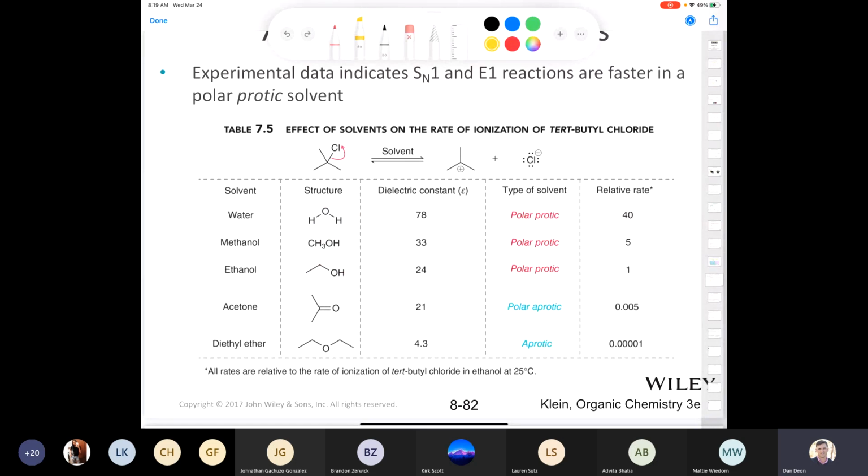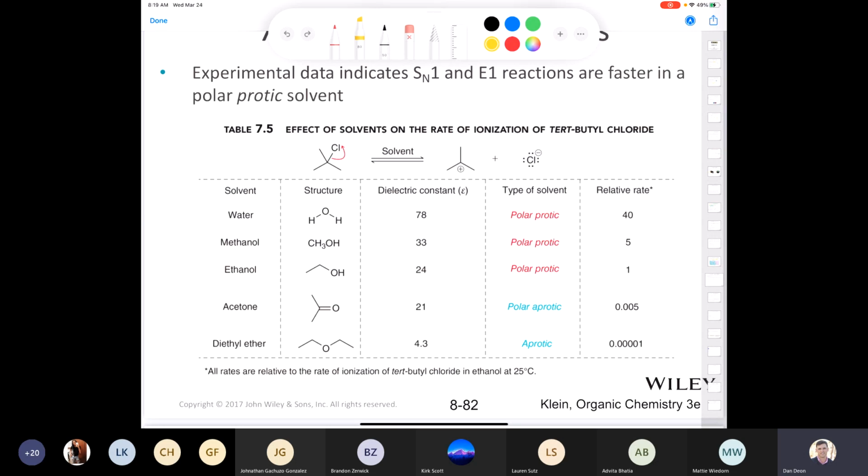And we discussed what polar protic solvents and polar aprotic solvents are, I think during the first lecture in this chapter. So you know that a polar protic solvent is one that's polar, of course, but possesses the capabilities of hydrogen bonding oftentimes, which serves to help stabilize the leaving group, and they can also stabilize the carbocation.